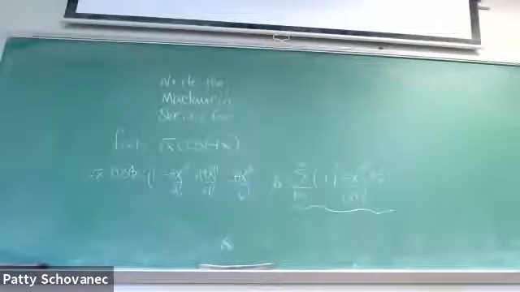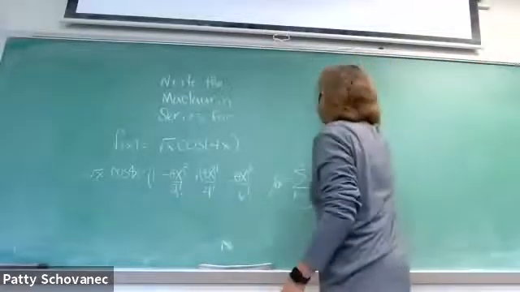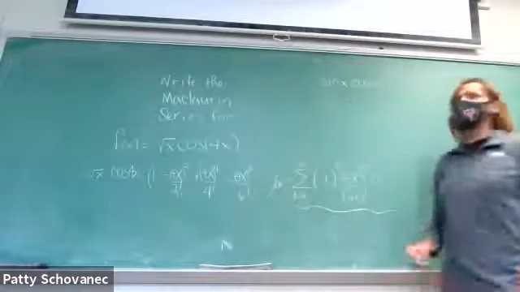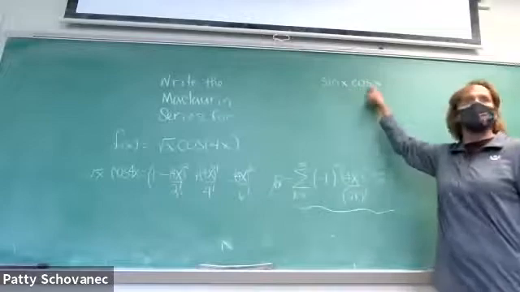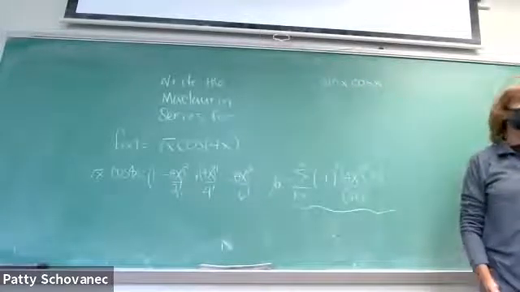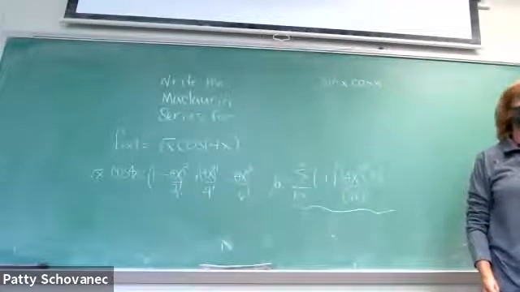We can't do, if I wanted the Maclaurin series for sine x cosine x, I can't just take an infinite series for this one and multiply it with an infinite series for that one. But I do know an identity for that product.